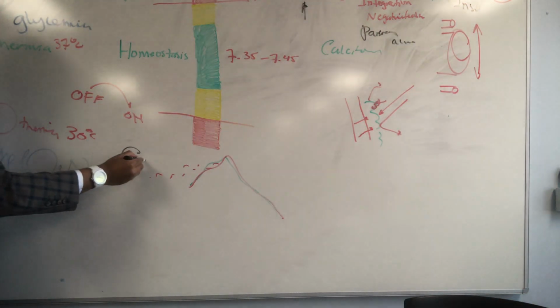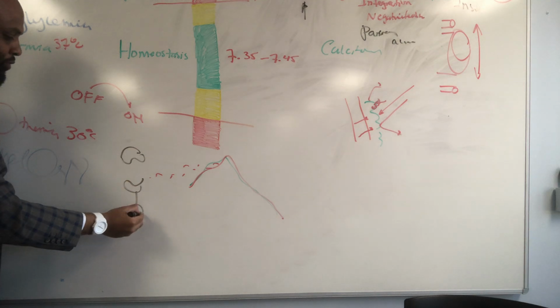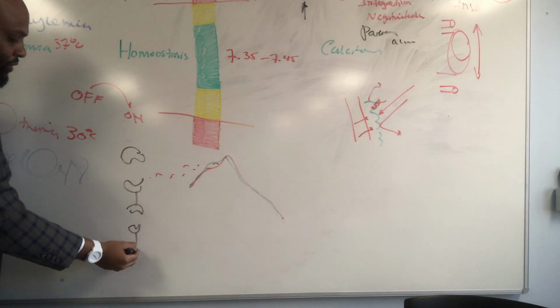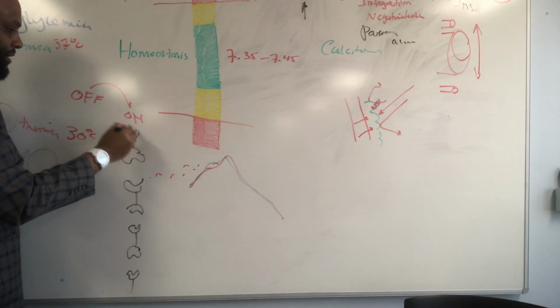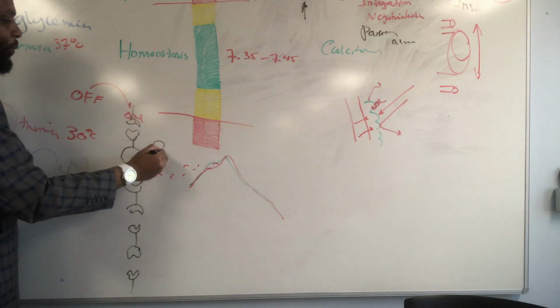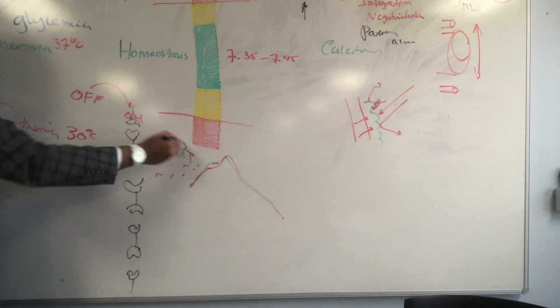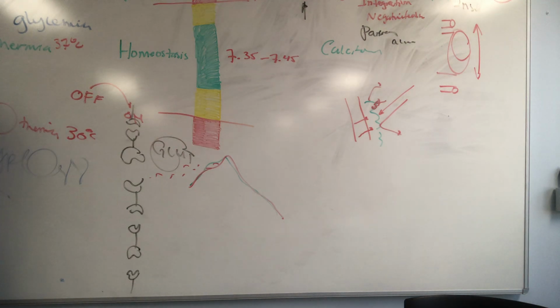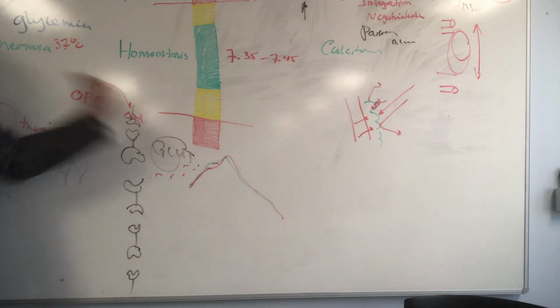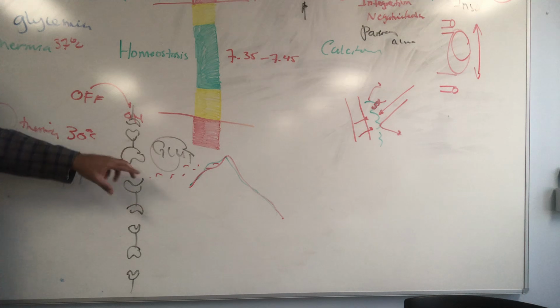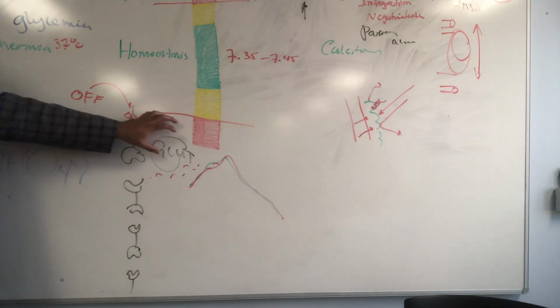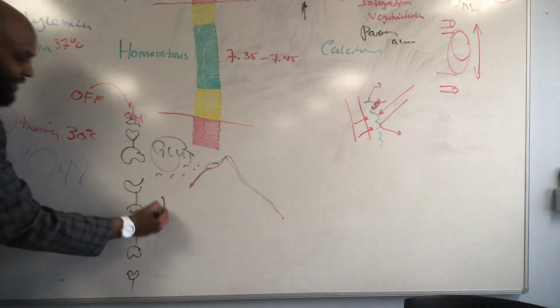Insulin is going to pluck so many GLUT. What's the GLUT? GLUT is the glucose transporter. Remember, glucose cannot go through the lipid membrane. It needs a facilitator, so I call it facilitated diffusion. The GLUT is going to help.